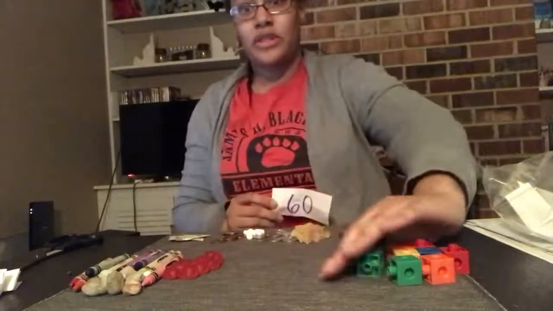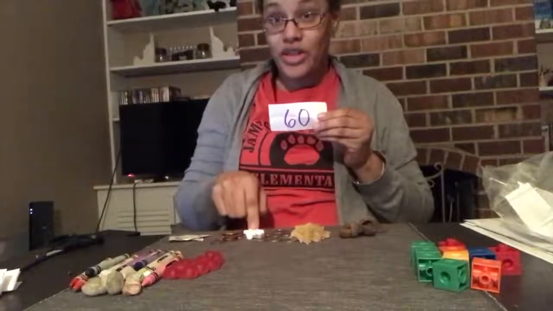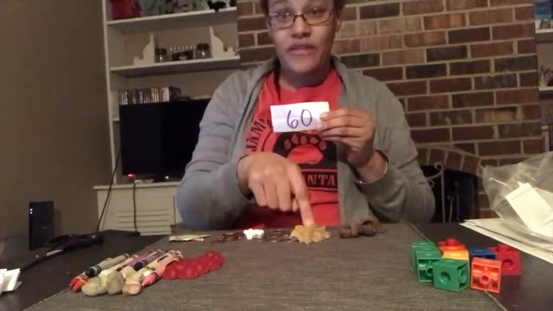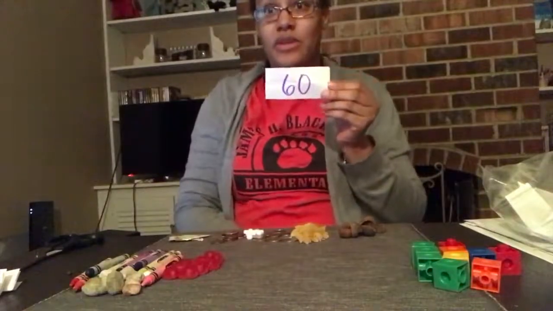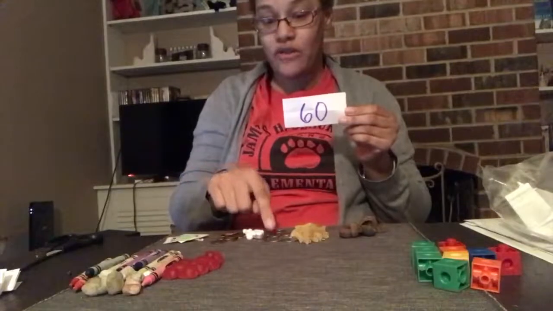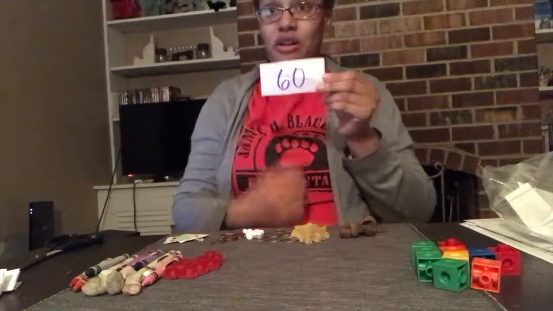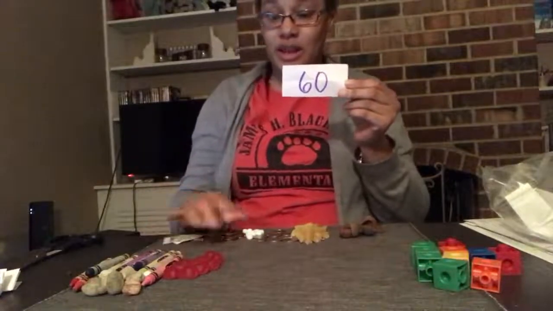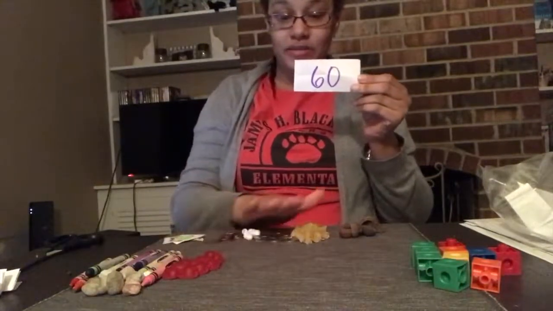Okay, so I have 10, 20, 30, 40, 50, 60. How many piles of 10 do we have? 1, 2, 3, 4, 5, 6. Great job. It matches our first number. We have 6 groups of 10.